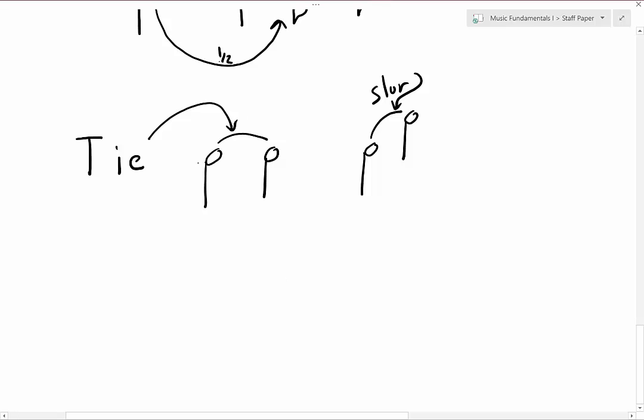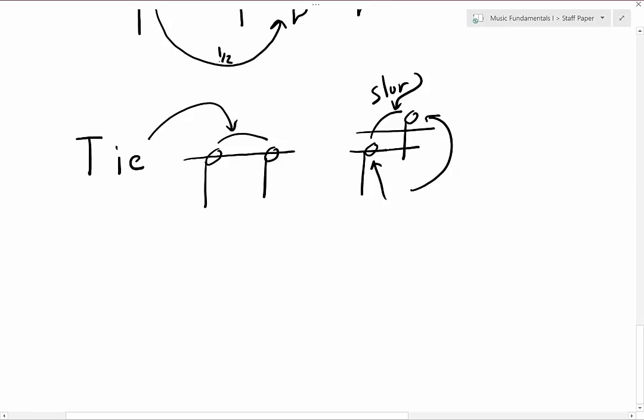The difference is a tie connects two notes of the exact same pitch. So you can just imagine they're both on the same line. That's what a tie does. A slur is connecting notes of different pitch. Imagine some situation like this. This one's on a line, that one's on some other space. That'd be a slur.